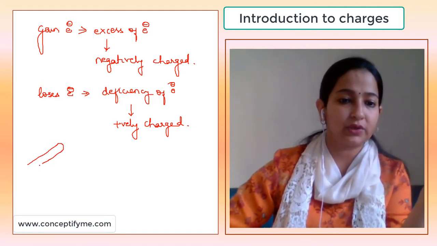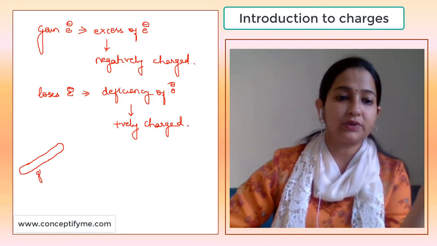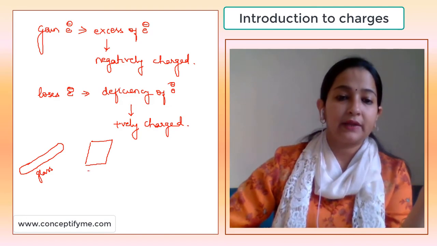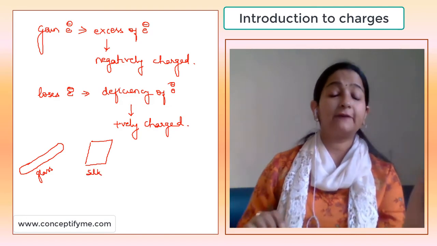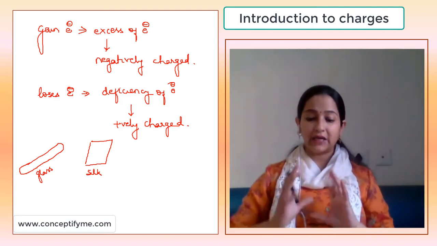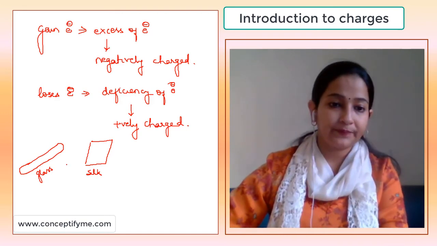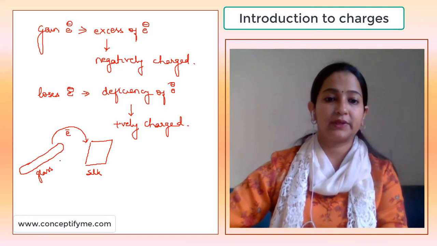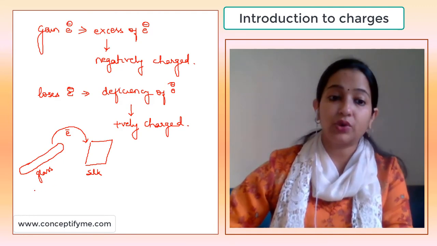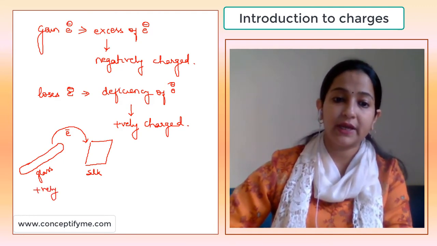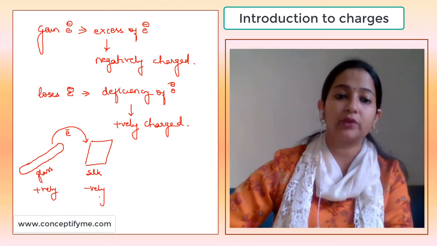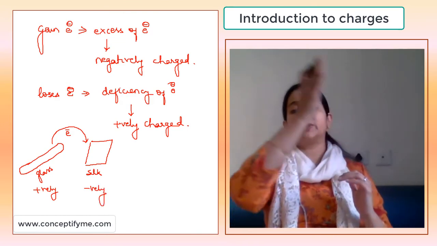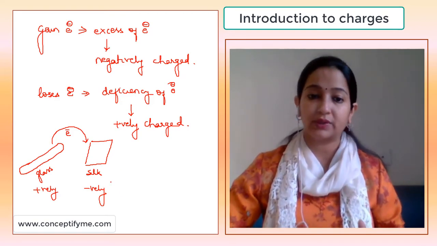If we rub the silk cloth on the glass rod, the glass rod transfers some electrons to the silk cloth, so that the glass rod becomes positively charged and the silk cloth becomes negatively charged.